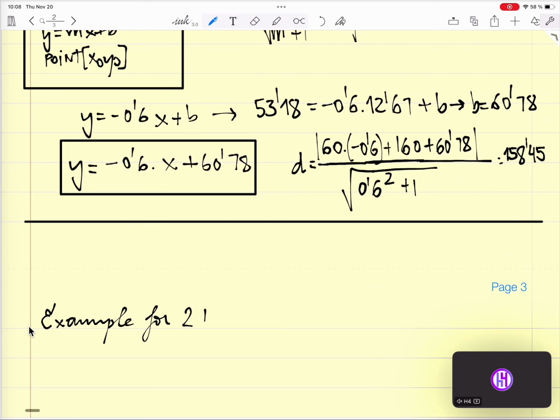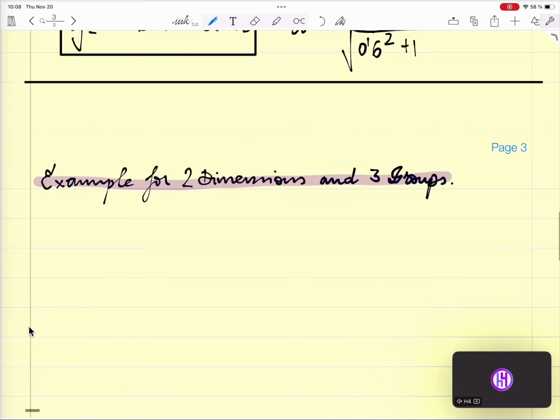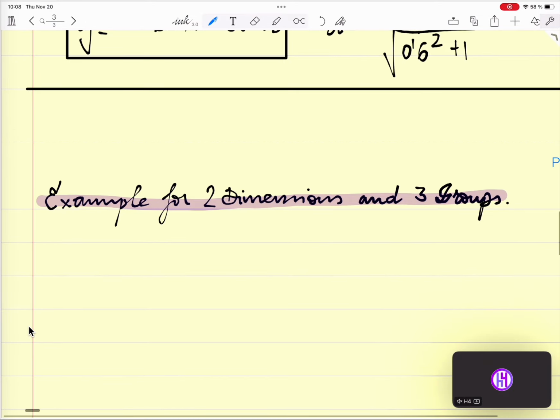For 2 dimensions and 3 groups. And so the reason why I take 2 dimensions is because it's easy to paint.